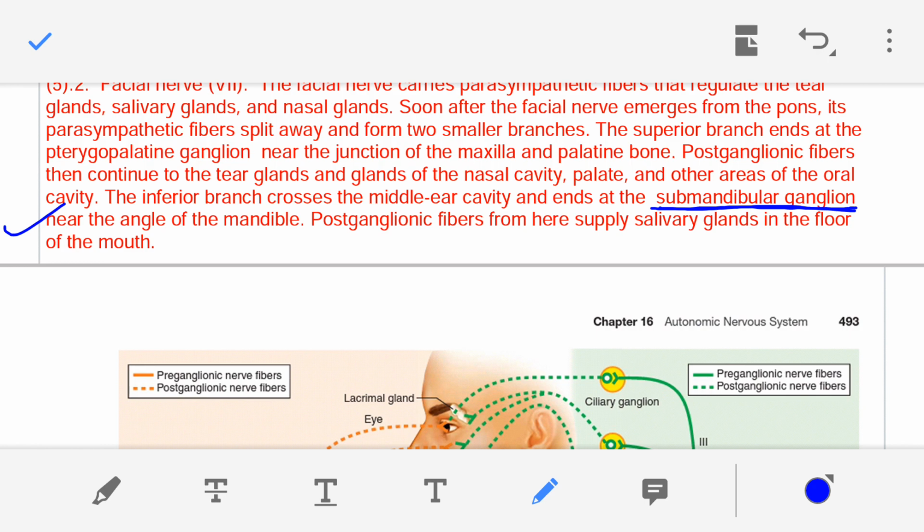Now the postganglionic fibers arise from the submandibular ganglion, and they innervate the salivary gland, and this salivary gland is present in the floor of the mouth.